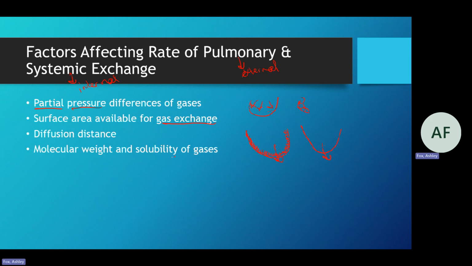It can also change the solubility of the gases based on what's happening in the body. We'll talk about more of that later. Molecular weight of the gas doesn't change when we're talking about oxygen or carbon dioxide, so that's pretty stable, but solubility can change. But the major ones that are changing are going to be partial pressure, surface area, and our diffusion distance.